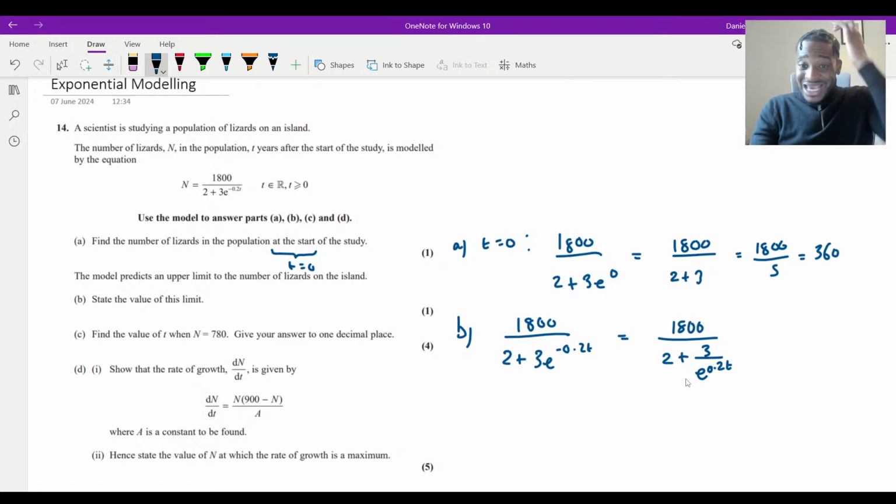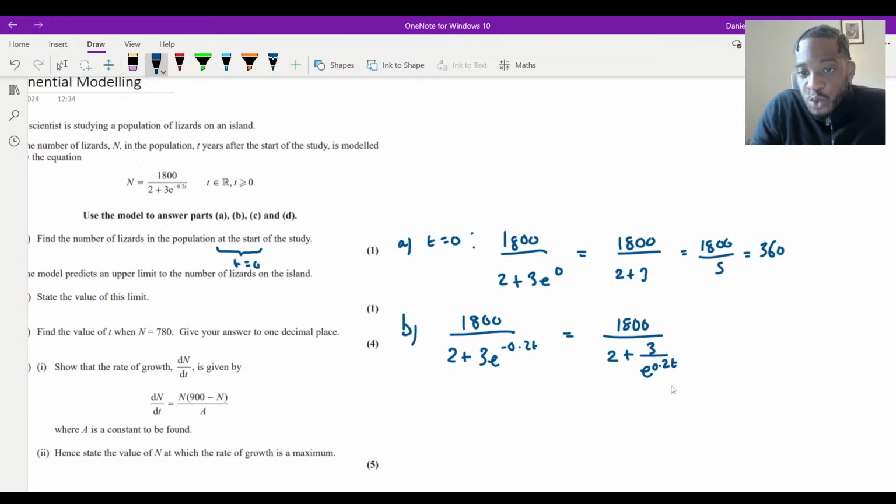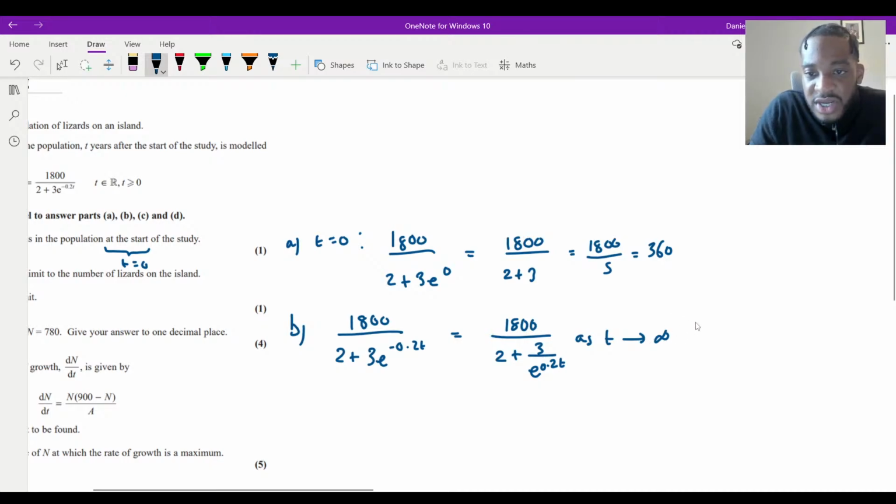Now, as t gets really large, remember, this is an exponential expression. It doesn't matter that there's a 0.2 there. As t gets really large, that's going to get super big. As t tends to infinity, you're basically going to get 1,800 over 2 plus 3 over something really big.